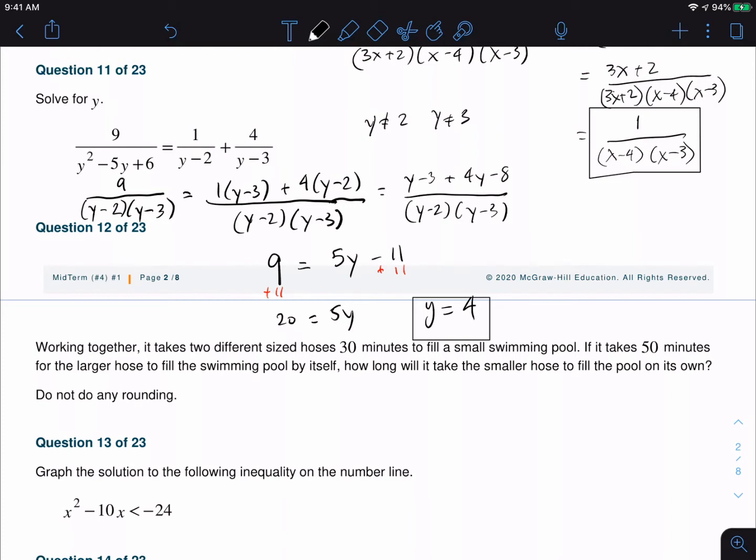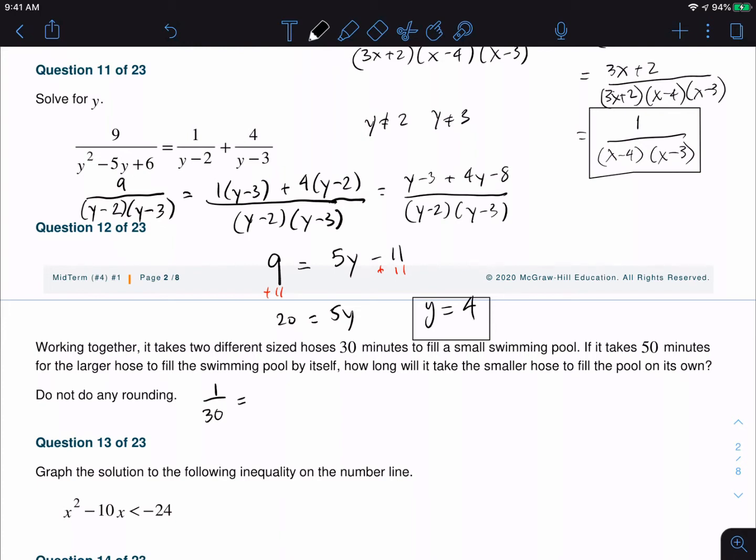The whole crux to this problem is this. So it says working together, it takes 2 different size hoses 30 minutes to fill a pool. So basically every minute that passes, it's doing 1/30 of the work, right? For both hoses working together.